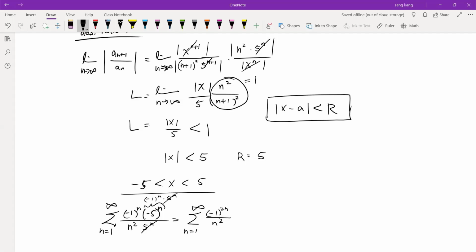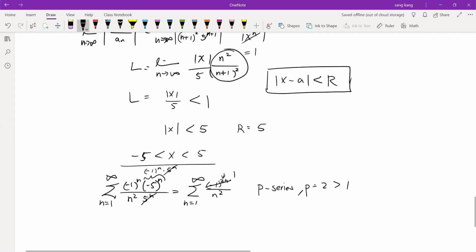That's always positive because of the even exponent, so I can just say it's 1. Now I'm left with the series sum of 1 over n squared, n equals 1 to infinity. This is a p-series with p equals 2, which is greater than 1. Therefore, this is convergent, so we have an equal sign here.